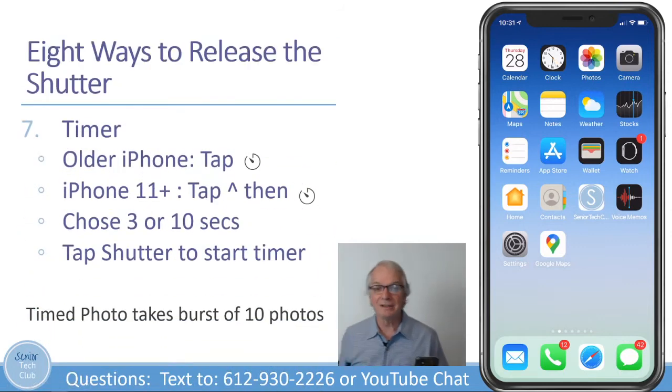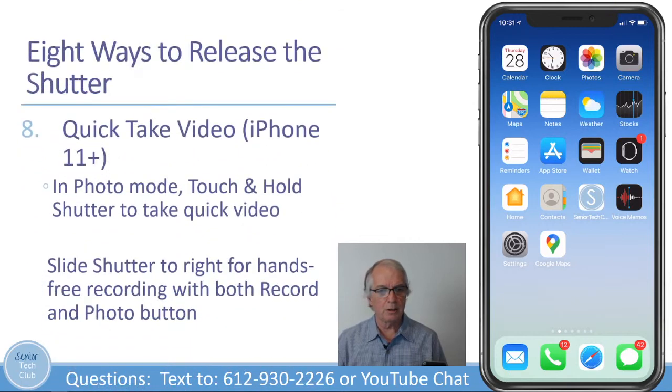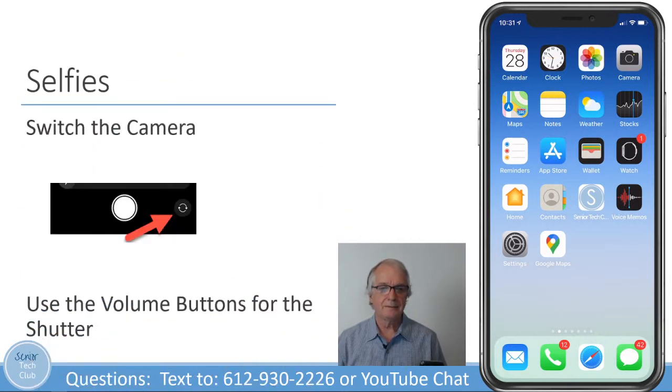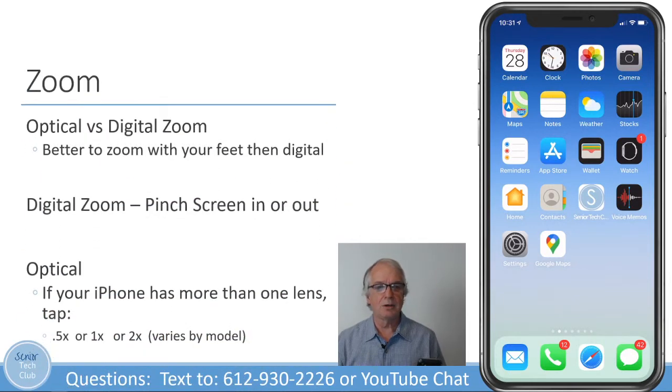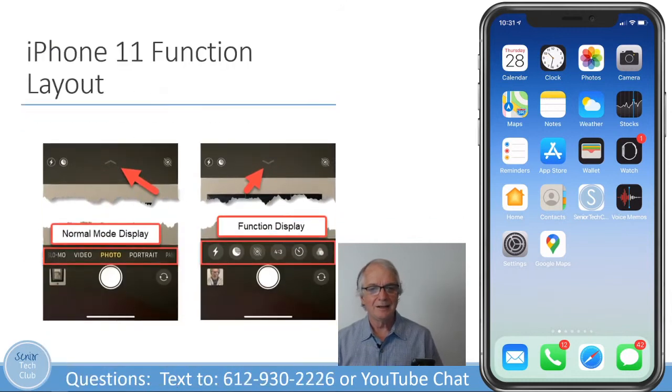Method number 7 to release the shutter is to use a timer. Right now, there's a couple of different timer strategies, depending upon whether you have a classic iPhone again, or an iPhone 11. I'm going to go forward one screen, two screens, I'm sorry, this is the one I wanted to talk about.